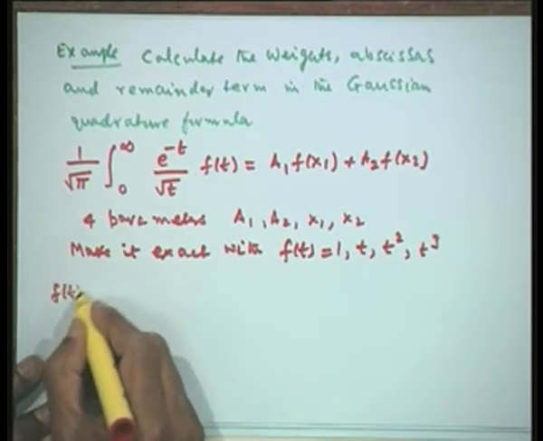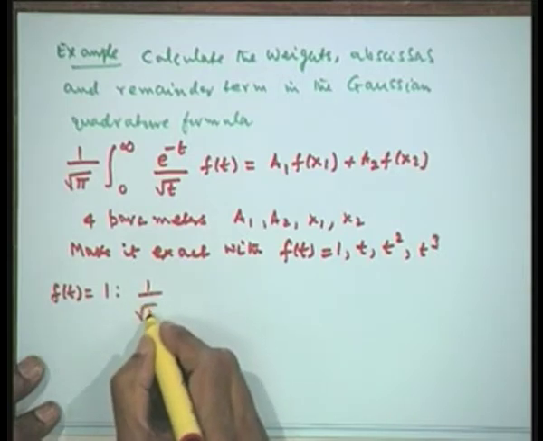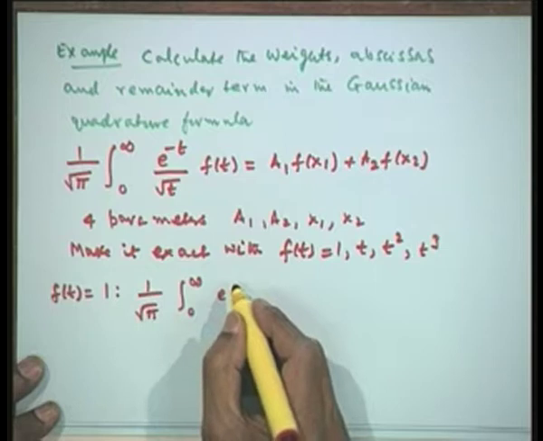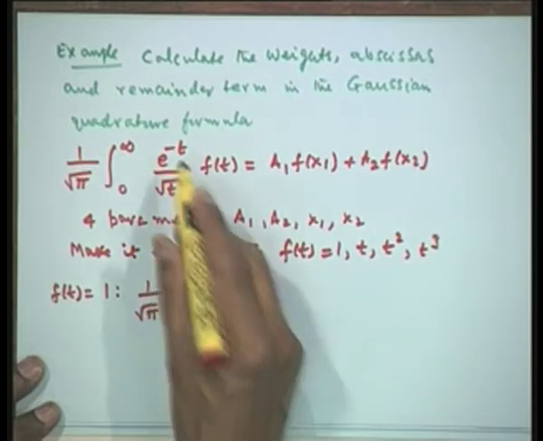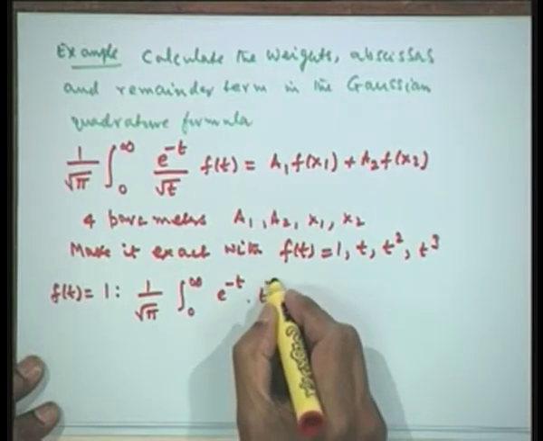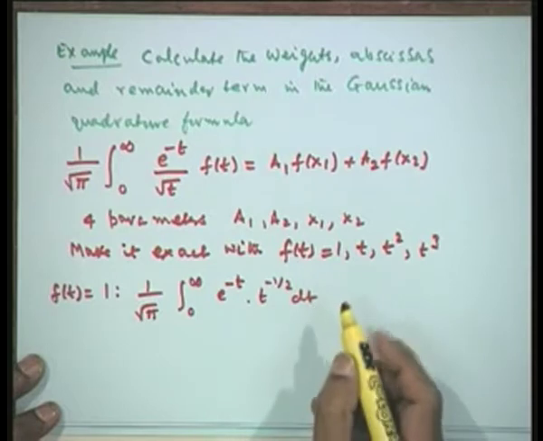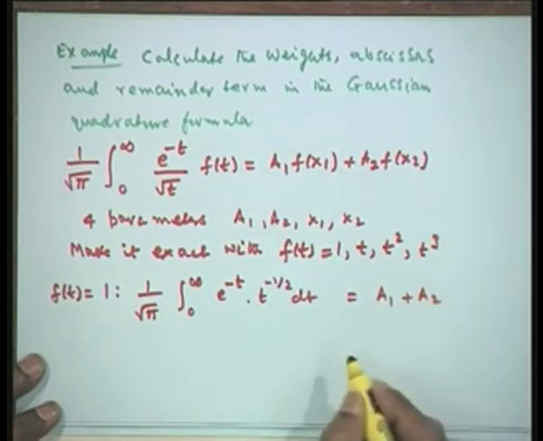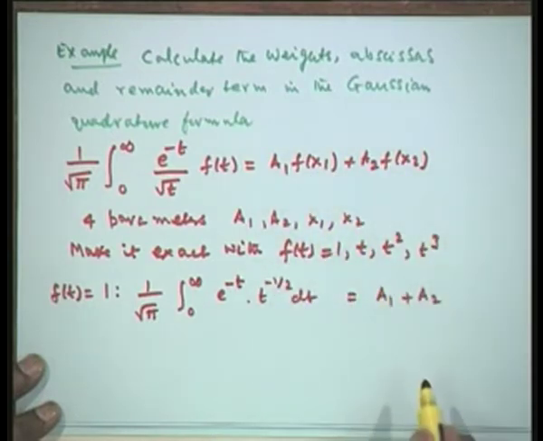So, f(t) is equal to 1, this is 1 upon root pi, integral from 0 to infinity of e to the power of minus t, I will take this up and write it, that is t to the power of minus half into dt, and this is equal to a1 plus a2 times f of x1, which is equal to 1, this is also equal to 1.